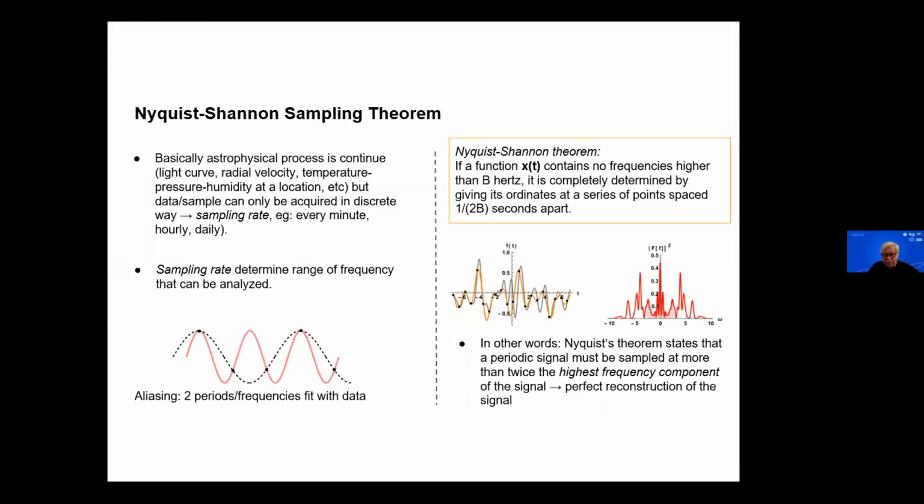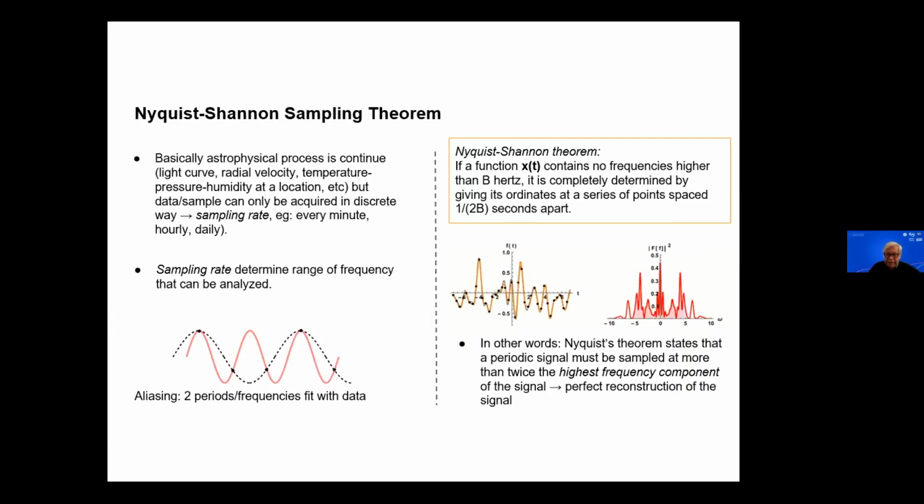So from what I have already explained, that brings us to the so-called Nyquist-Shannon sampling theorem. Okay, so basically an astrophysical process is a continuous one. Light curve, radial velocity, temperature, pressure, humidity at a location, it's a continuous process. But the data as samples can only be acquired in a discrete way, because you have a sampling rate.